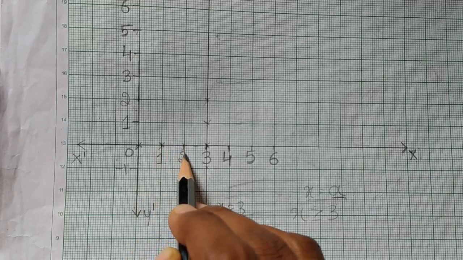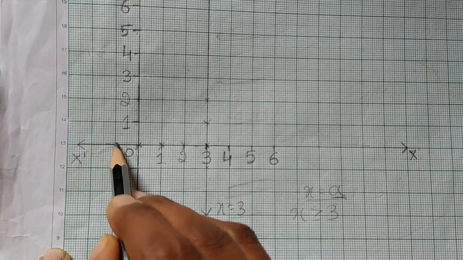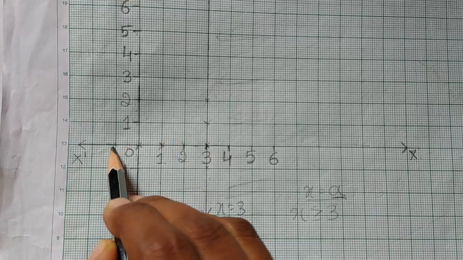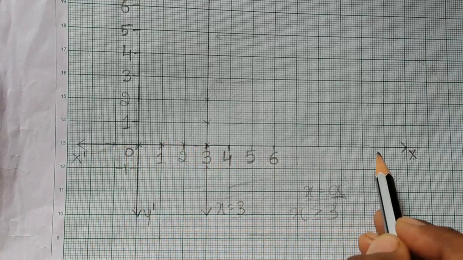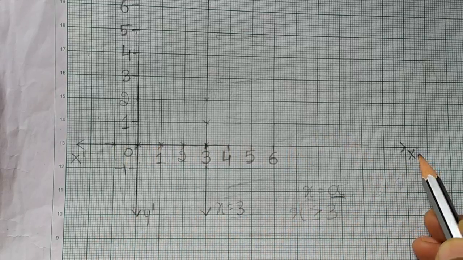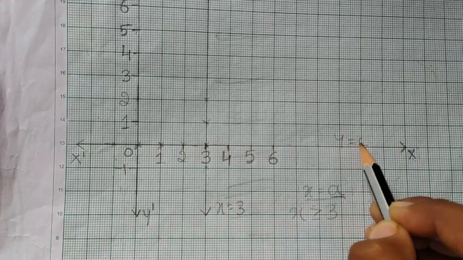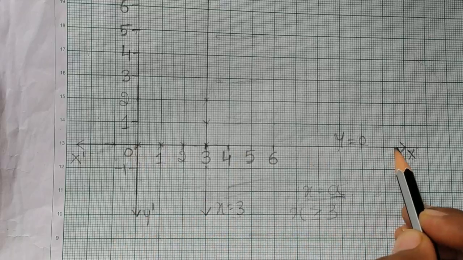If x is 2, again y will be 0 itself. If x is minus 1, y will be again 0. If I draw a line passing through these points, then this line coincides on the x-axis. So, y is equal to 0 is the equation of x-axis itself.